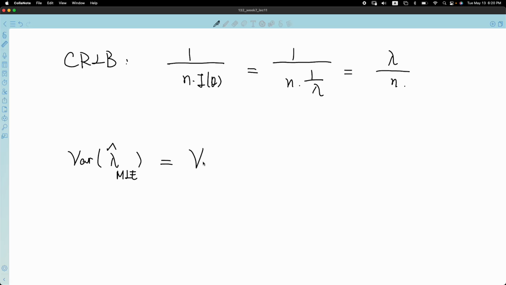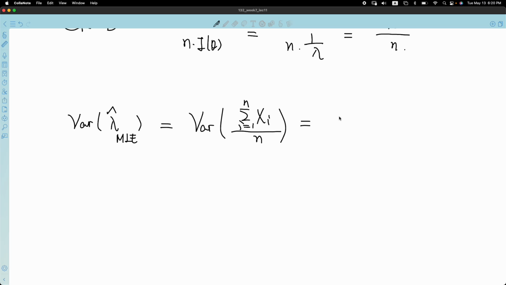Okay, so the variance of the summation of Xi from 1 to n, divided by n. I think by now you should be very familiar with how to work on these things. When you pull out a constant, you have 1 over n squared.